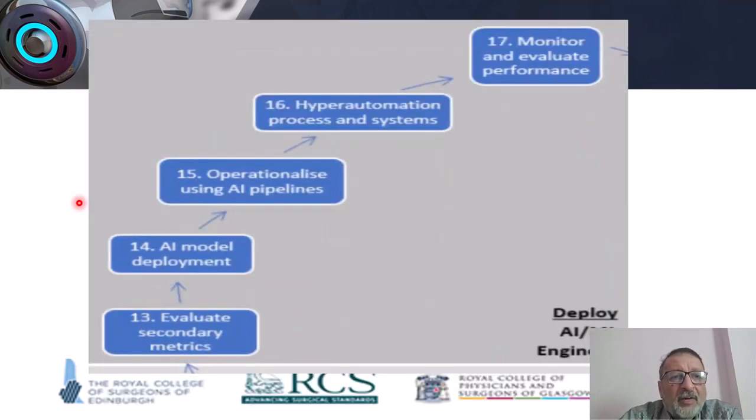Now, the final part is the deployment of your AI model. Here you evaluate the secondary metrics, where you evaluate how you are dealing with parameters as input and output through multiple layers called the neural layers. And there are multiple techniques for that.